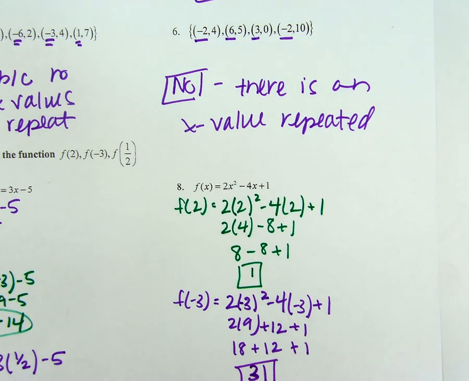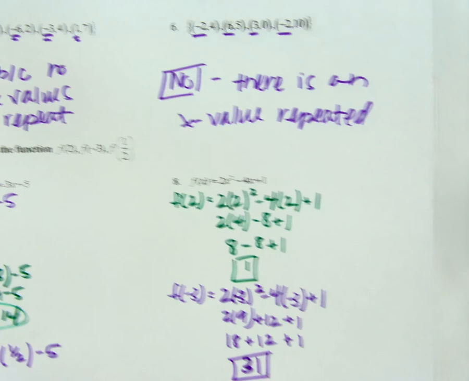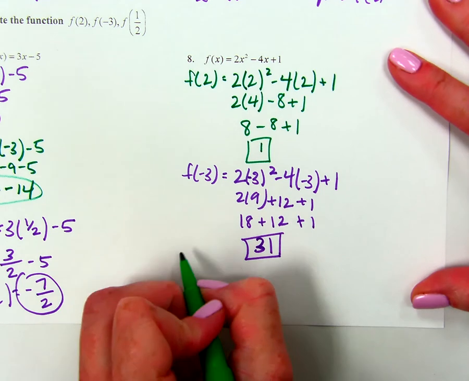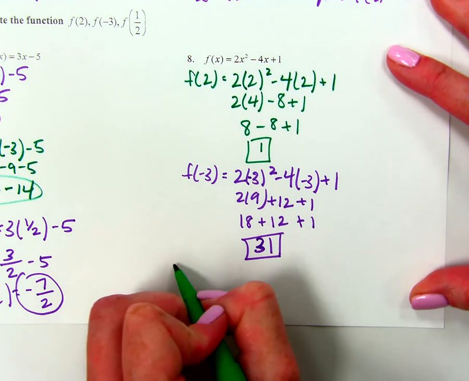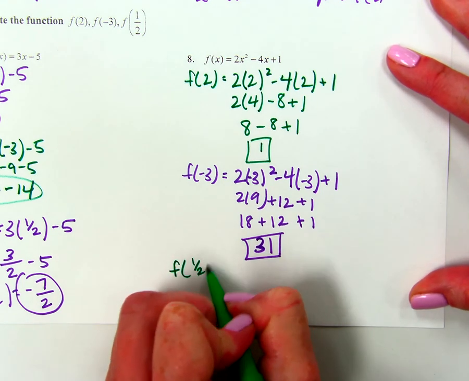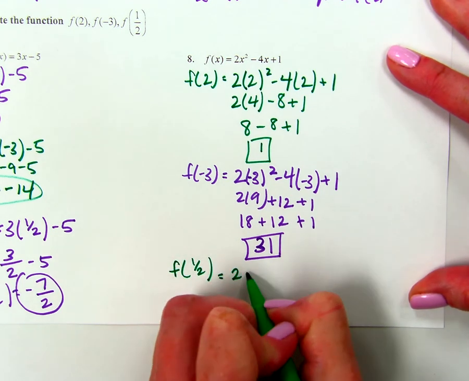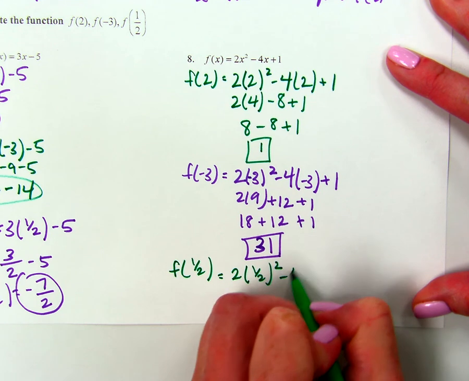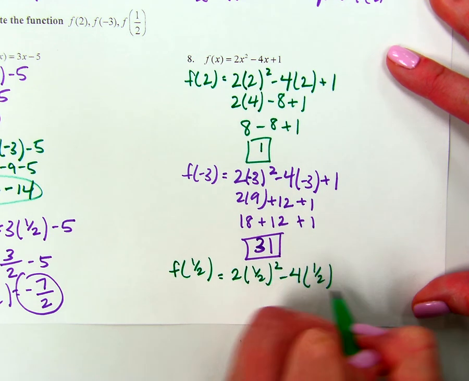And then the last one is f of 1/2 equals 2 times 1/2 squared minus 4 times 1/2 plus 1.